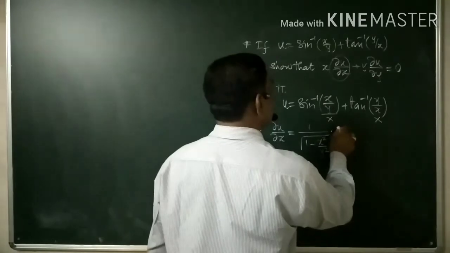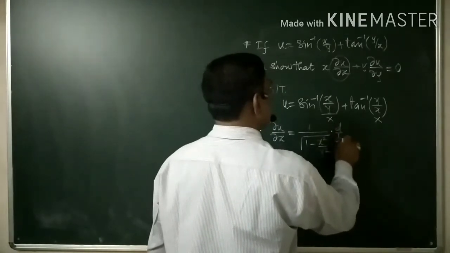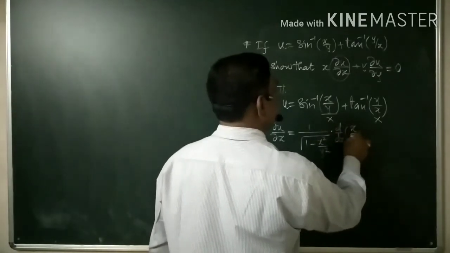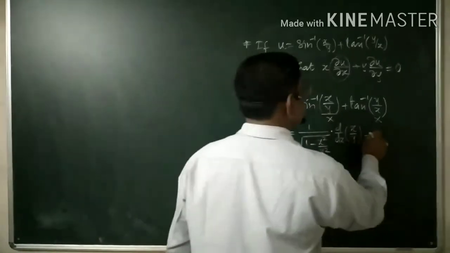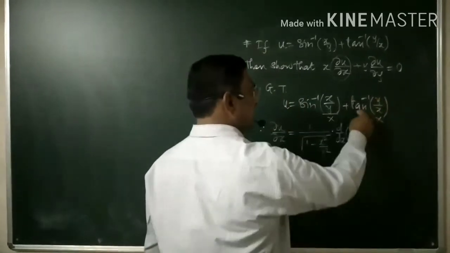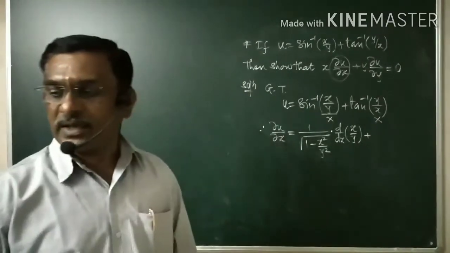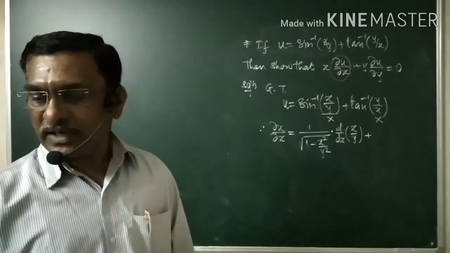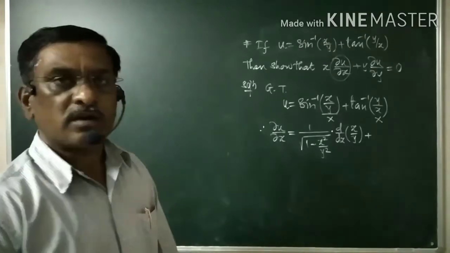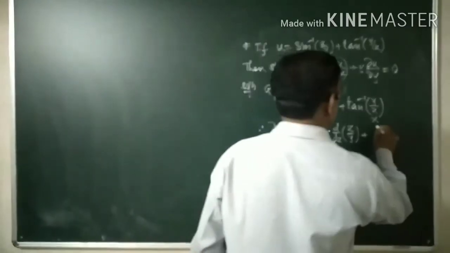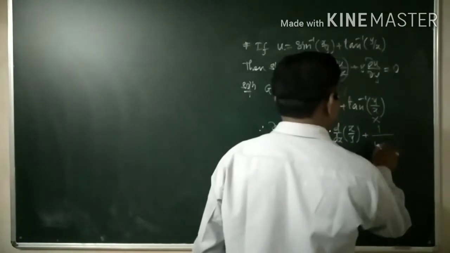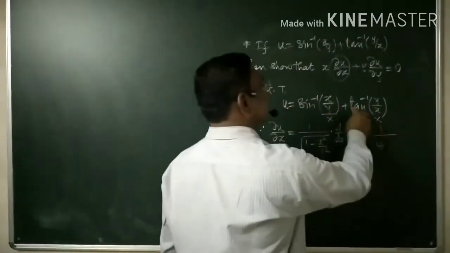d by dx of x upon y, plus, what is the derivative of tan inverse x? Do you know the formula for the derivative of tan inverse x? It is 1 over 1 plus x square.